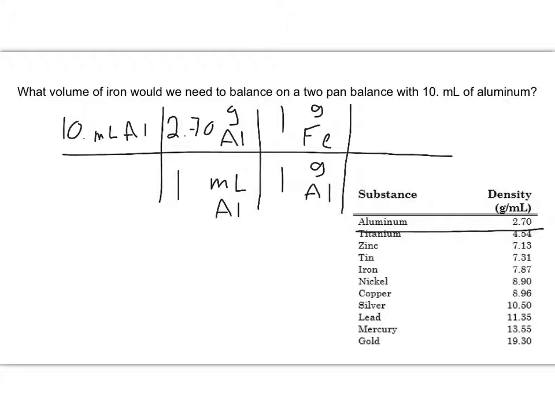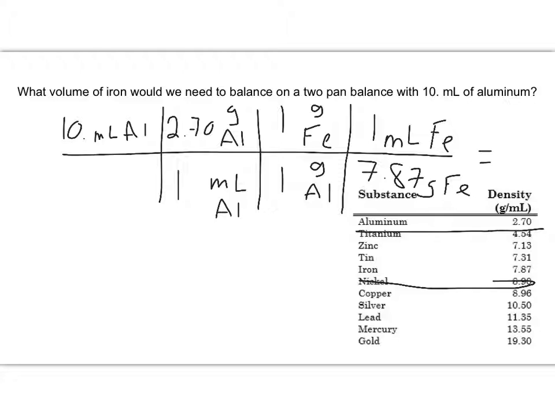And then we want to convert from grams of iron to the volume of iron. We know that there are 7.87 grams of iron in every 1 milliliter of iron. Okay, which gets us to our final answer.